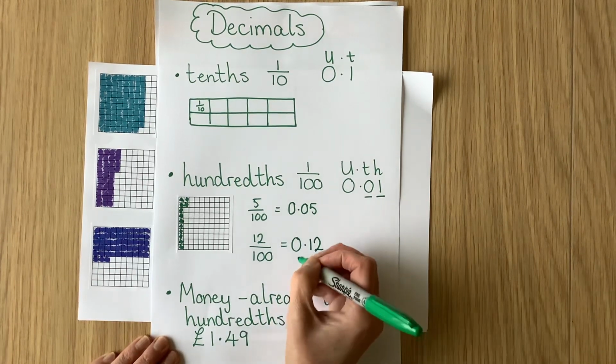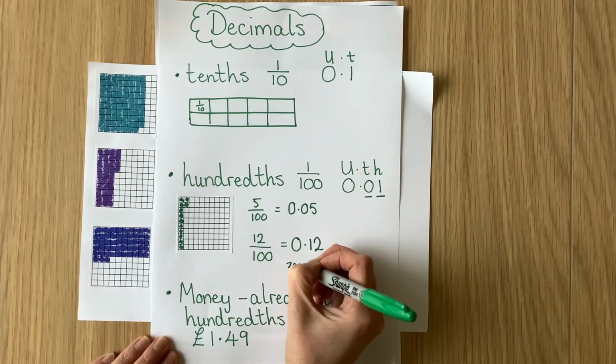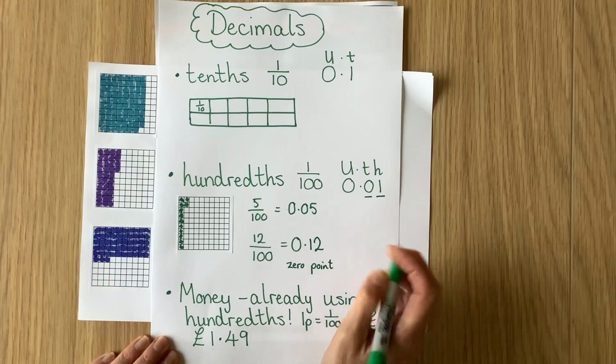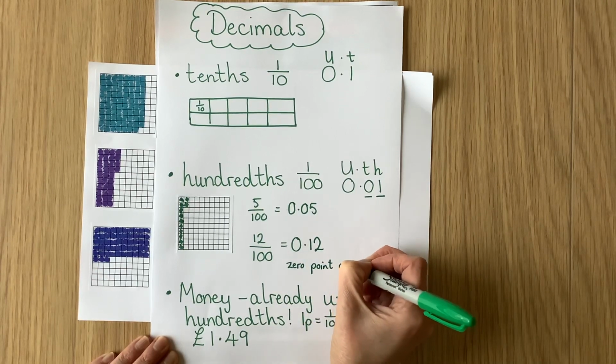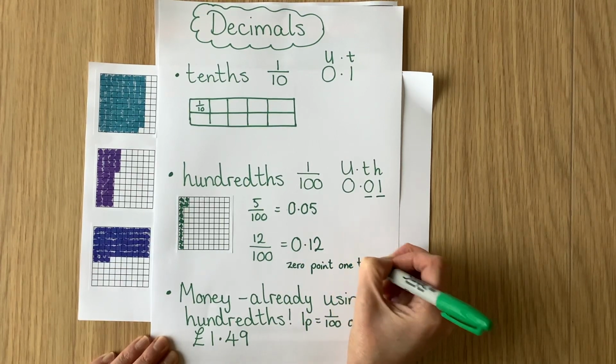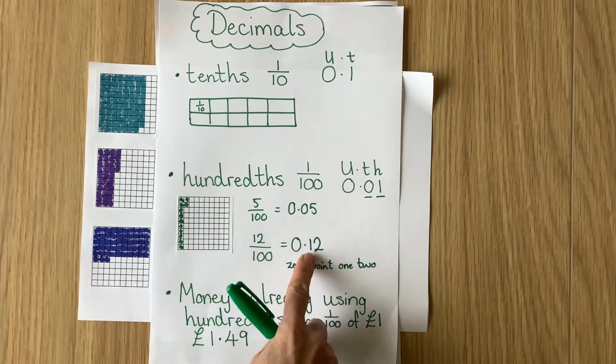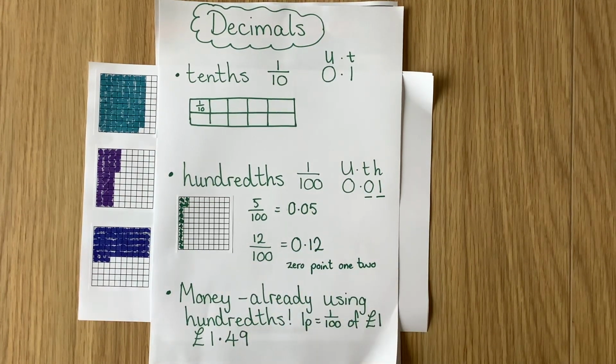So if I was saying this decimal number, I would say 0, point, then I say each digit separately, 1, 2. I would say 0.1 2, not 0.12. Say all the numbers separately.